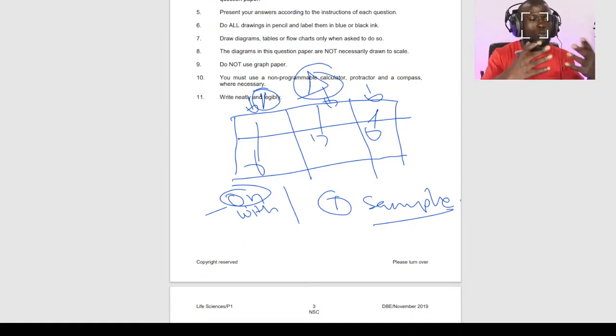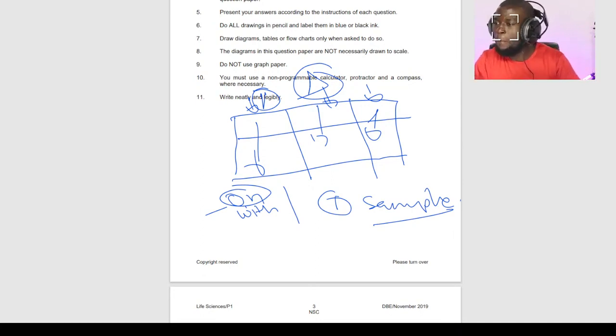You carry out the experiment based on the number of hours. So if experiment 1, the first trial, is 10 hours, the second trial must be 10 hours, the third trial must be 10 hours. It means that you have to use the same time.